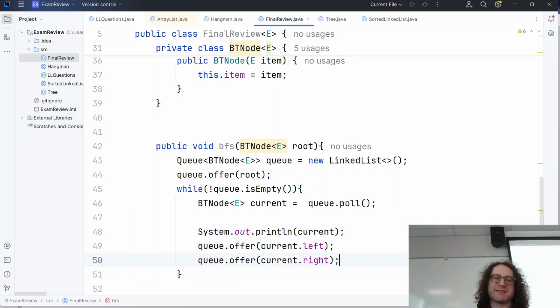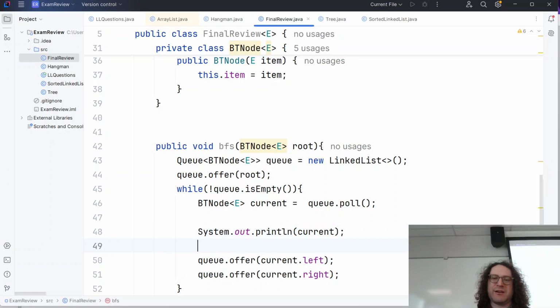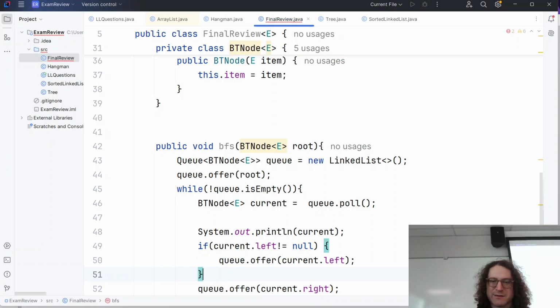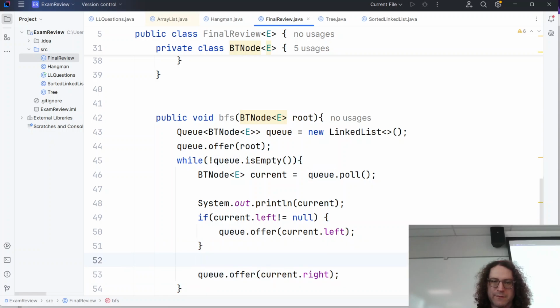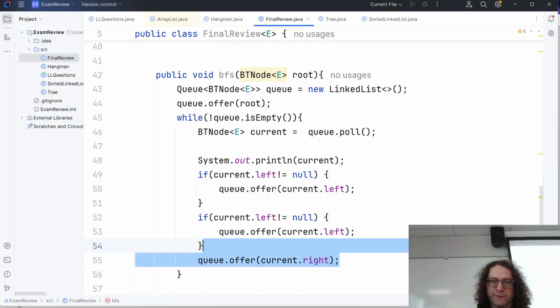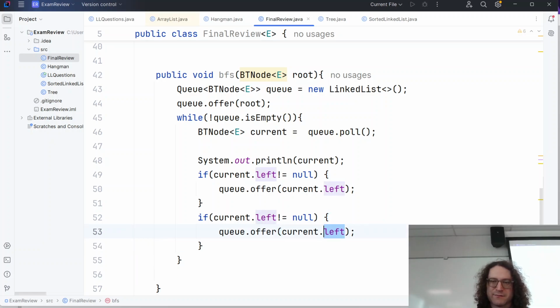Another way to handle this is just simply say, over here, if current dot left is not null, right? Surround it with if statements. If it's not null, and then if right is not null. Make sense? And that makes sure that we don't add any nulls into this. So there we go. That's everything it is.